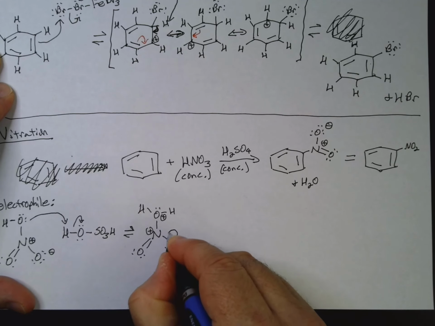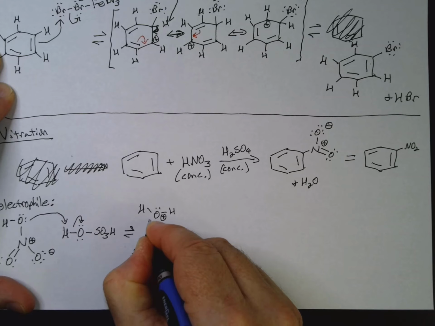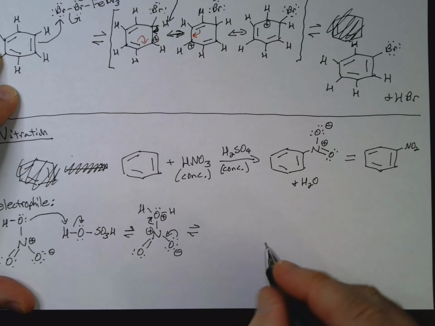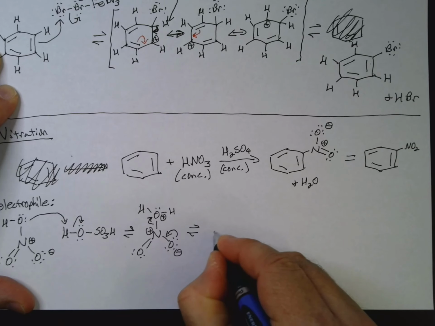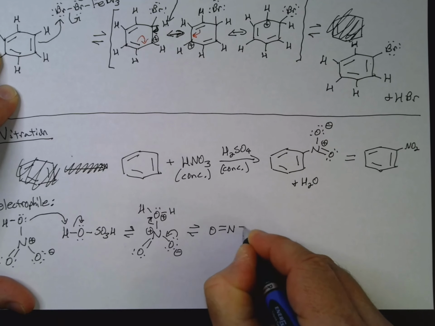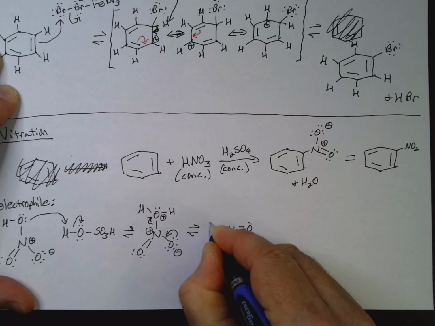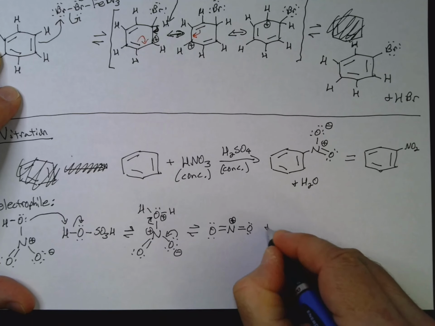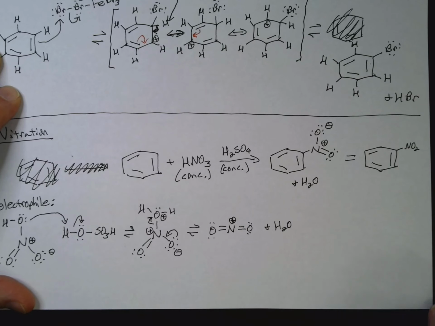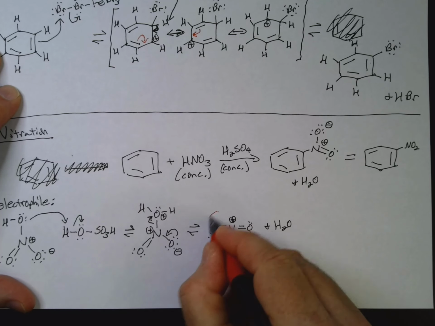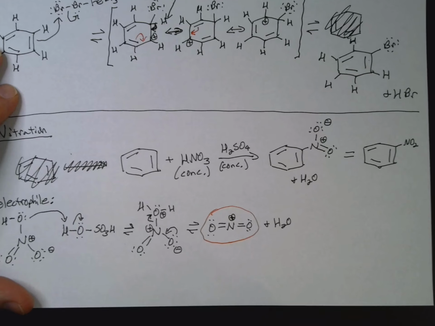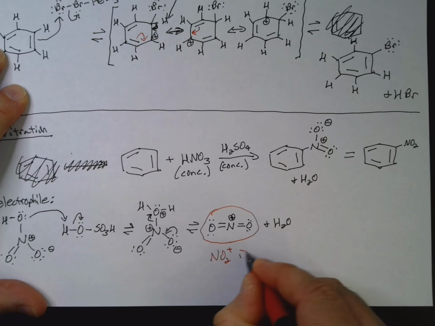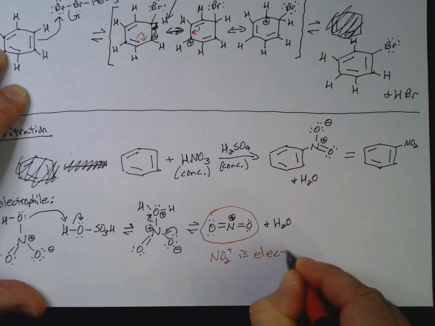And now we can lose water, and that will give us O double bond N double bond O, positive charge, plus H2O. And this guy right here, our NO2 plus ion, is the electrophile.